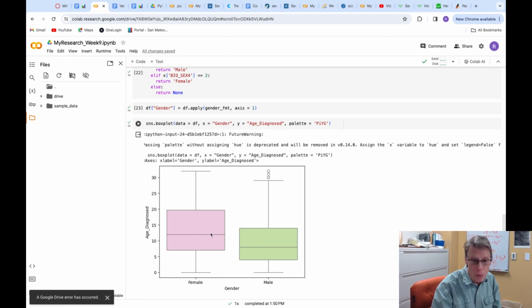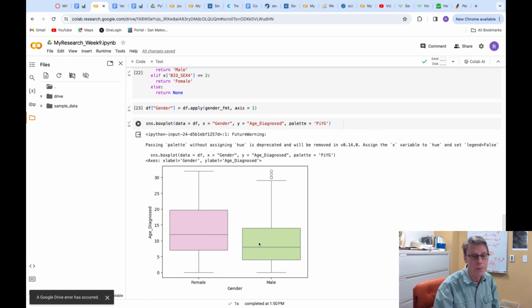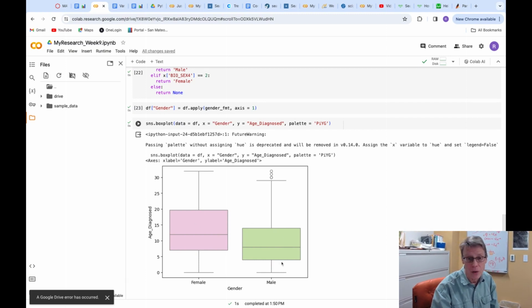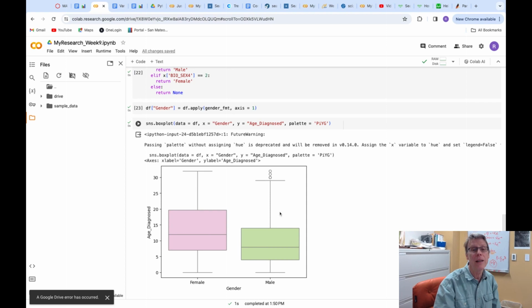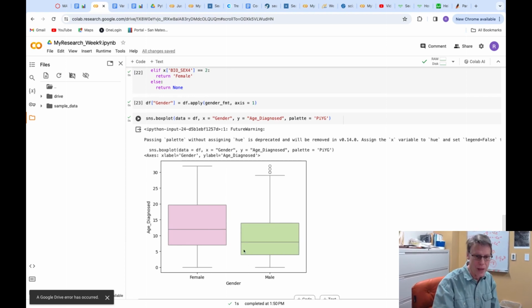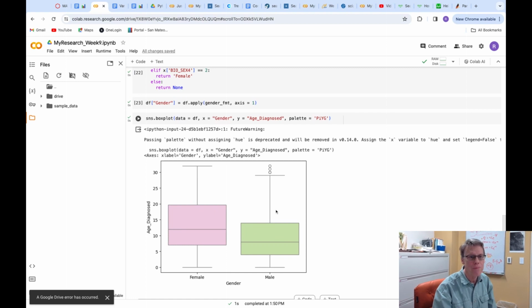It's a little bit more spread out here, but overall, older girls getting diagnosed, younger boys getting diagnosed. So there's an association, at least it looks like there is, in this sample. Is it strong enough to think that there's an association in the population? Well, we haven't gotten to that part of the semester quite yet. We're building towards that, but we're not there quite yet.